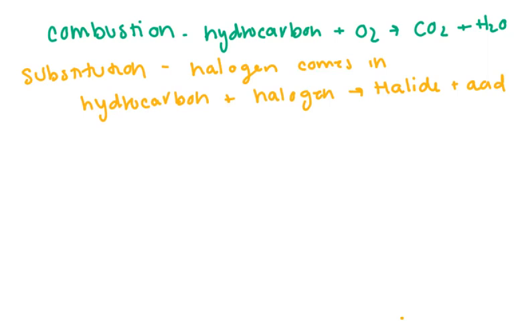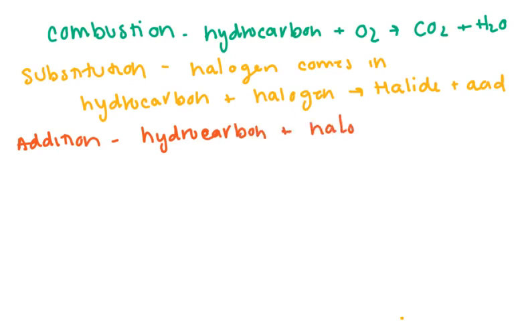Okay, we're going to have addition. So this is a hydrocarbon plus a halogen, and we just get a halide, right? So our formula is A plus B gives us AB. This goes back to just a regular simple type of addition reaction. The only difference now is we're working with organic compounds.